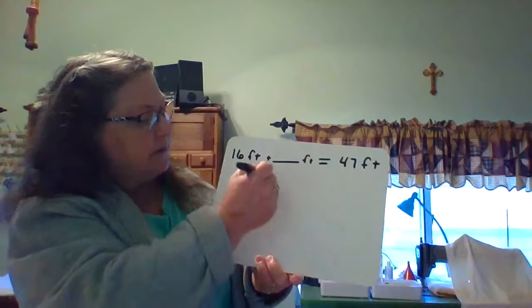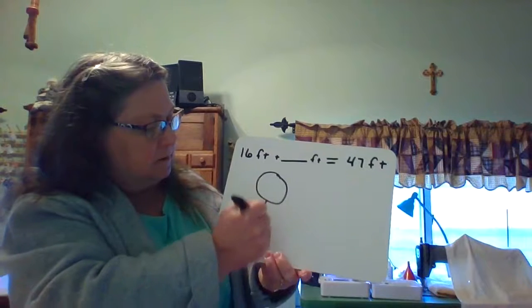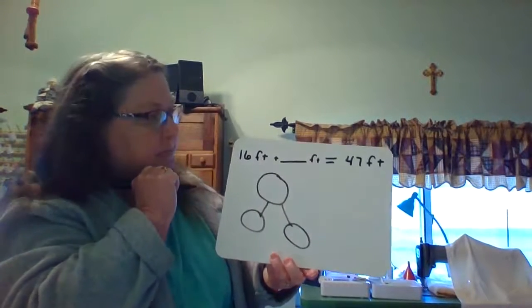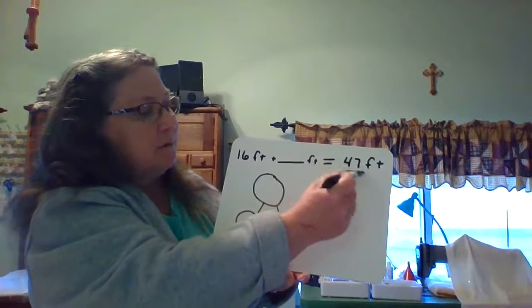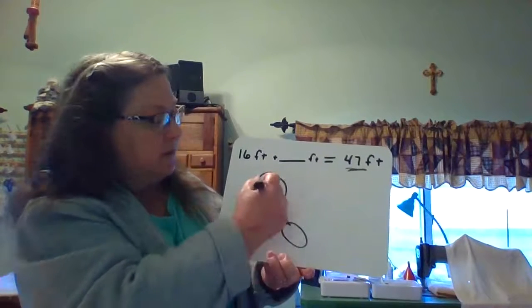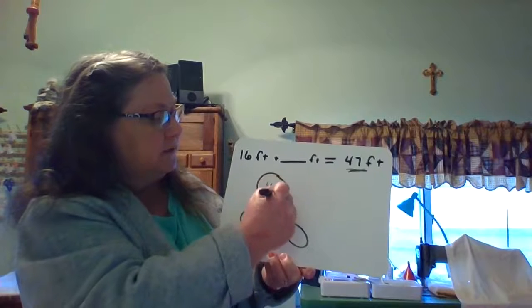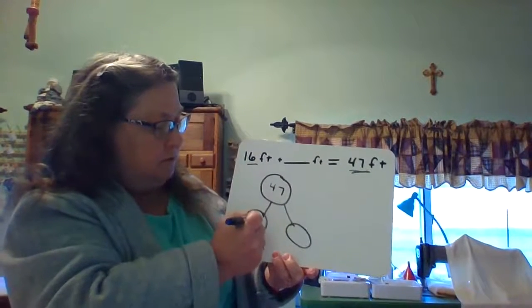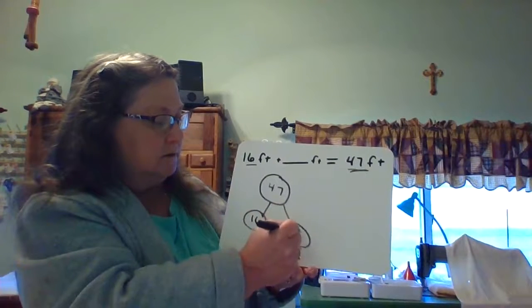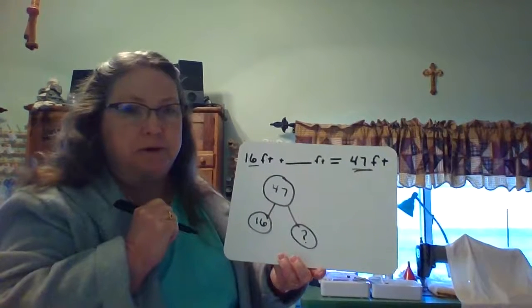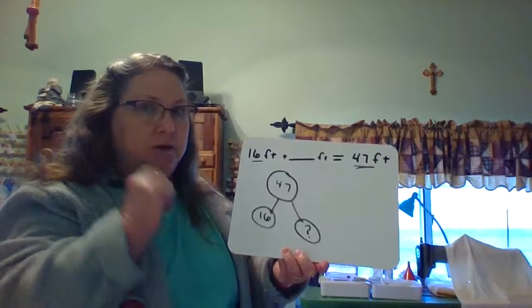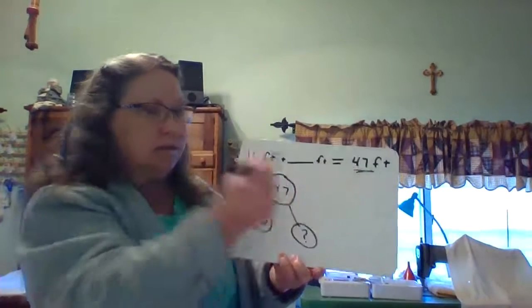I have my big guy at the top, and then his 2 legs, remember? It's been a while since we've done a number bond. The biggest number always goes at the top of my number bond, 47. This number would go here, the 16, and this is my question mark. I'm trying to figure out what that leg is of my number bond. You have to remember the biggest number goes at the top.